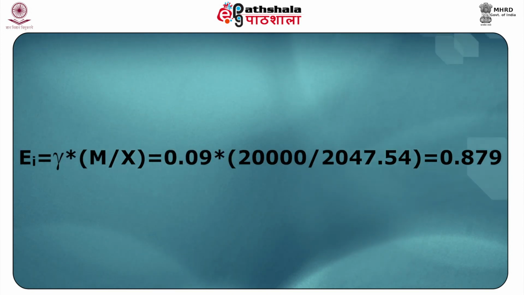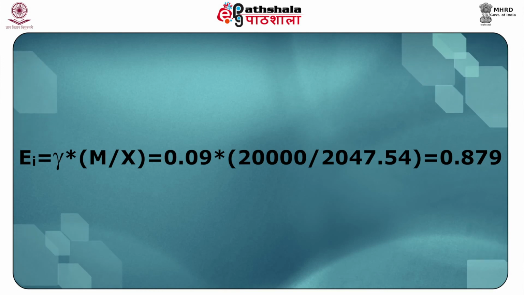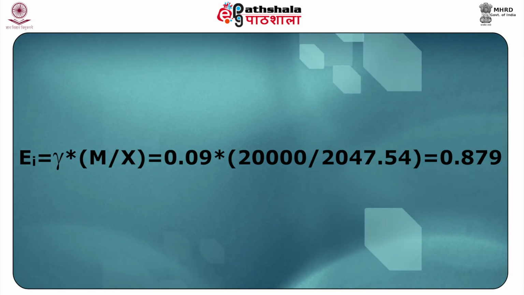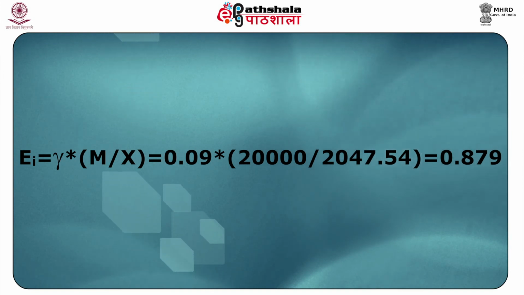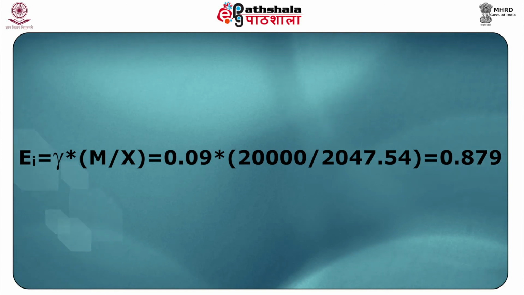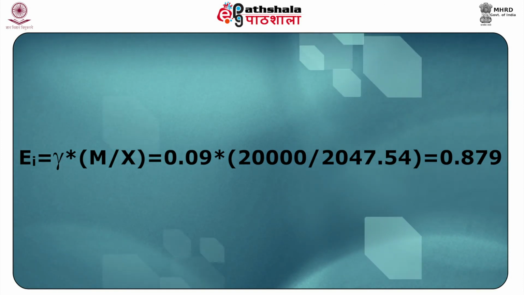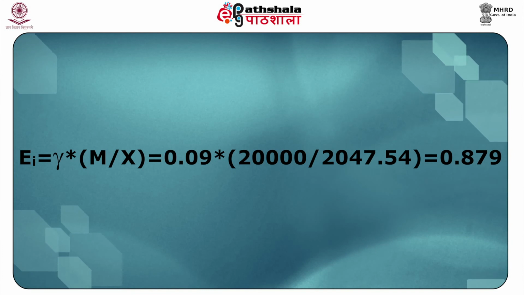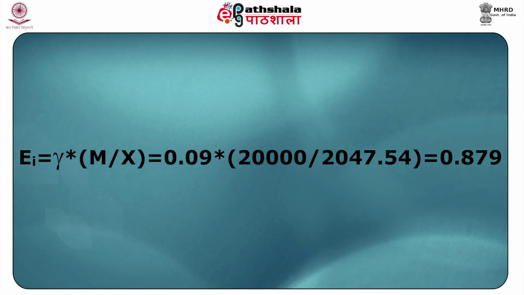Similarly, income elasticity of demand is given by EI is equal to gamma into M by X, which is equal to 0.09 into within bracket 20,000 divided by 2047.54, which is equal to 0.89.